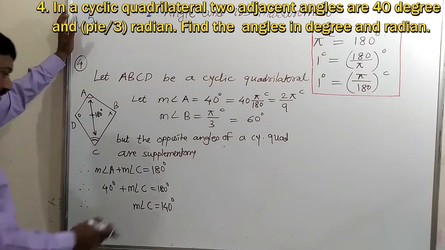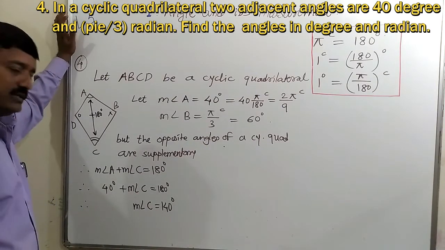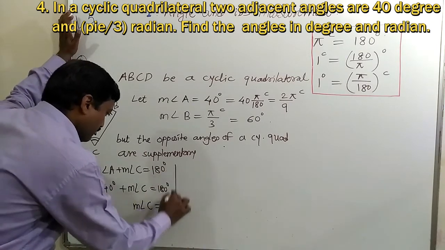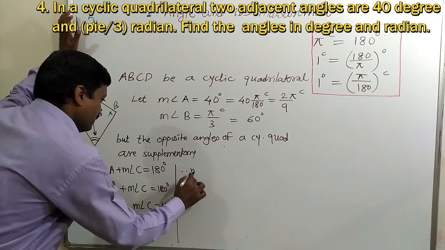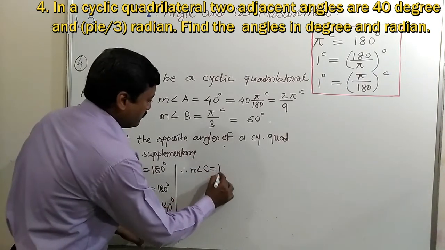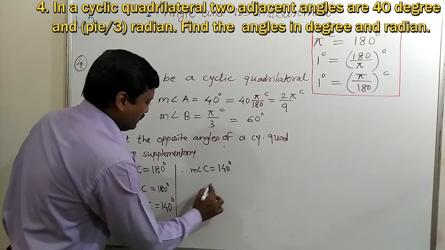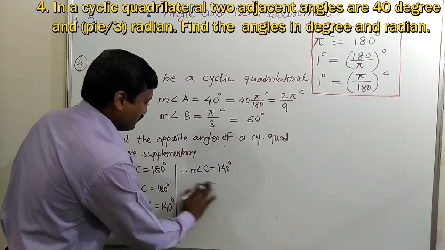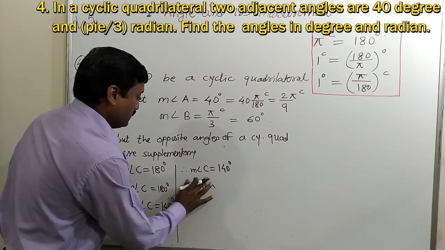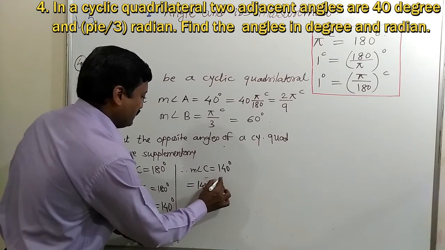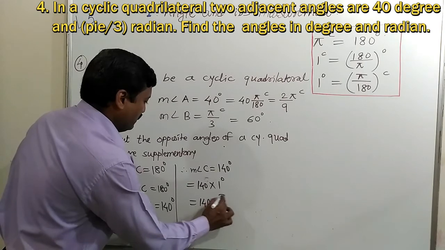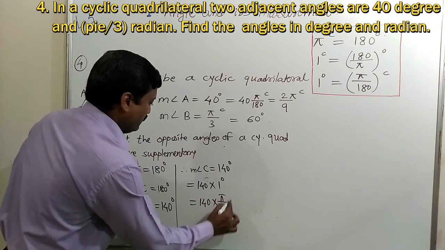Okay, we can convert this angle C into radians. Therefore, measure of angle C is equal to 140 degree, that is equal to 140 into 1 degree, and 1 degree is nothing but pi by 180 radian.